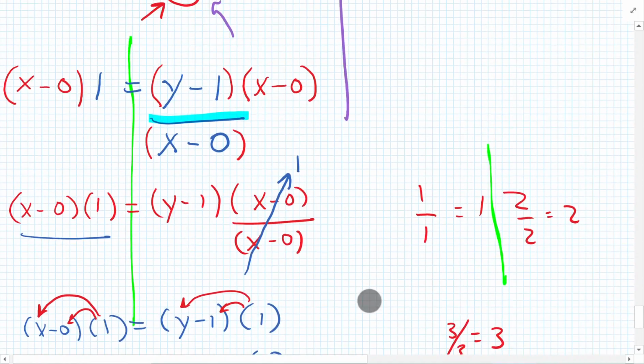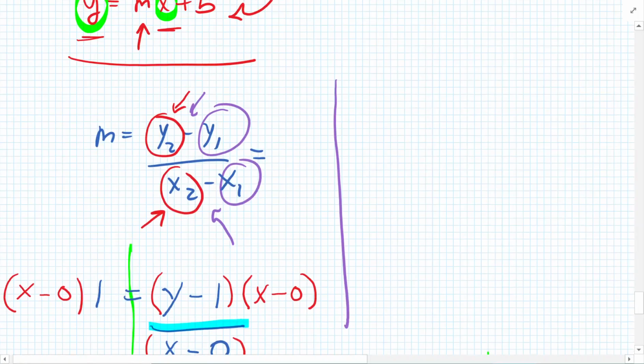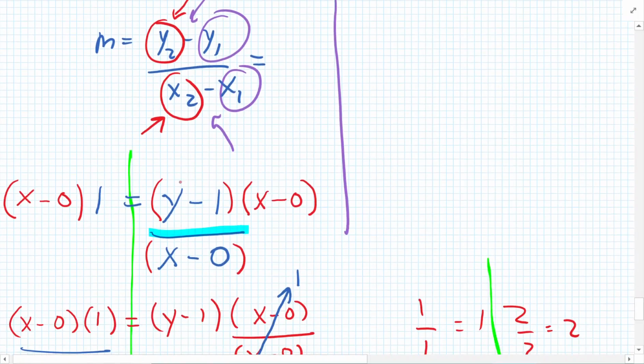By picking a y and an x and putting them in these positions. Putting in another point. Here we put in the point 0, 1. And our slope was 1.